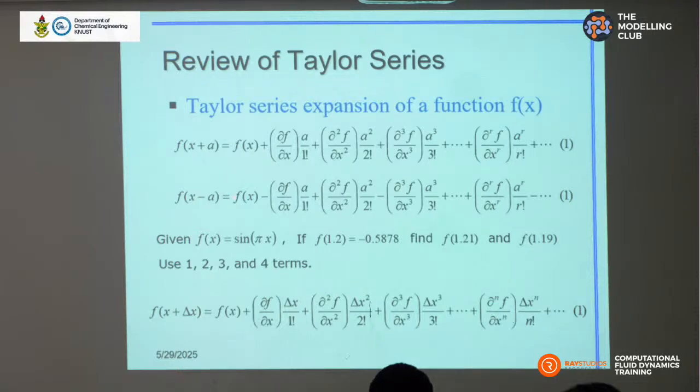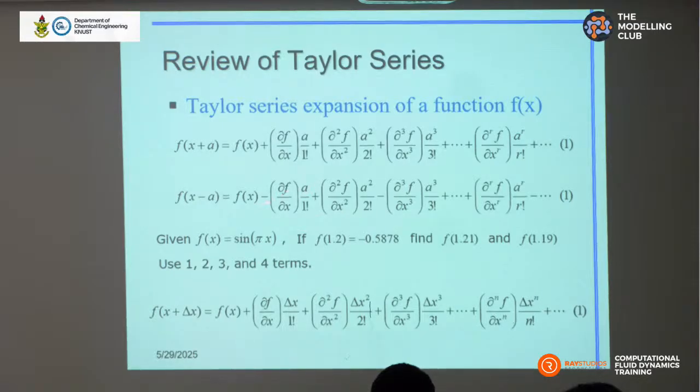We can also find the Taylor series expansion of f of x minus a. The only difference is that now this a is negative. So in expanding the factorial terms, this will be minus a.